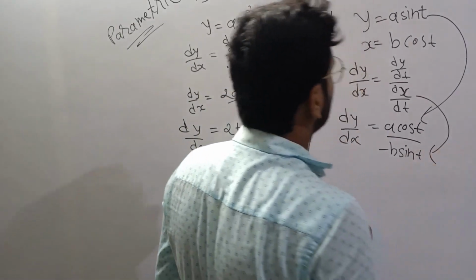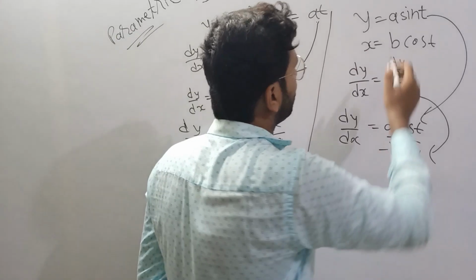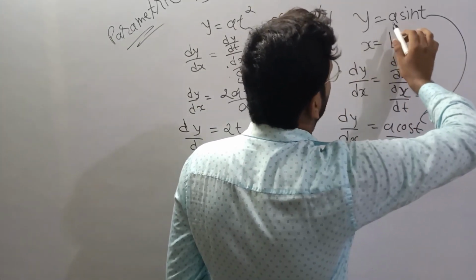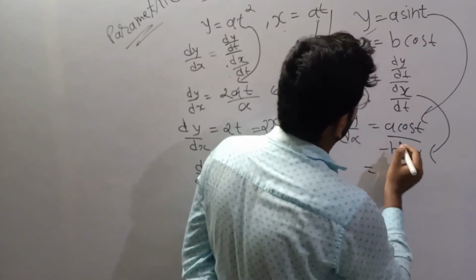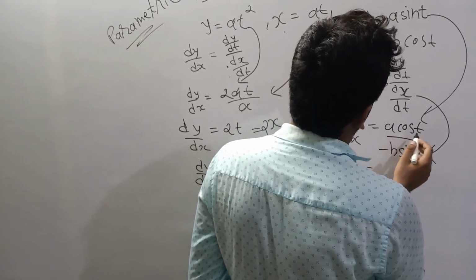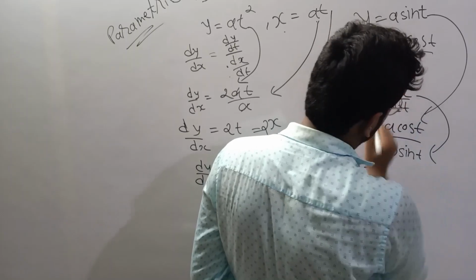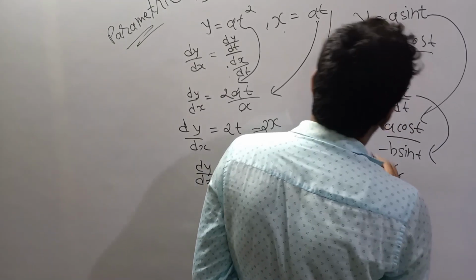Here we will have to find the value of t. The value of cos t is equal to x by b. I have taken it from here.